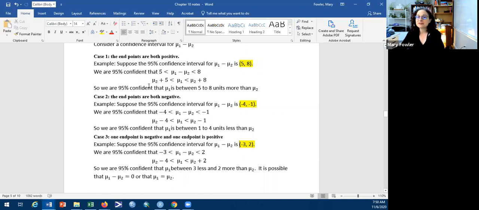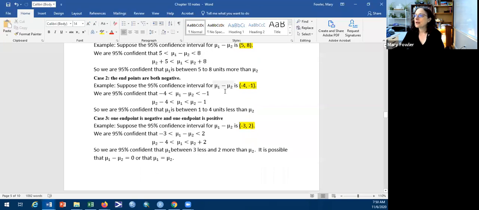So we are 95% confident that, adding mu2 to all three parts of this expression, mu2 plus 5 is less than mu1, is less than mu2 plus 8. So we are 95% confident that mu1 is between 5 and 8 units more than mu2.